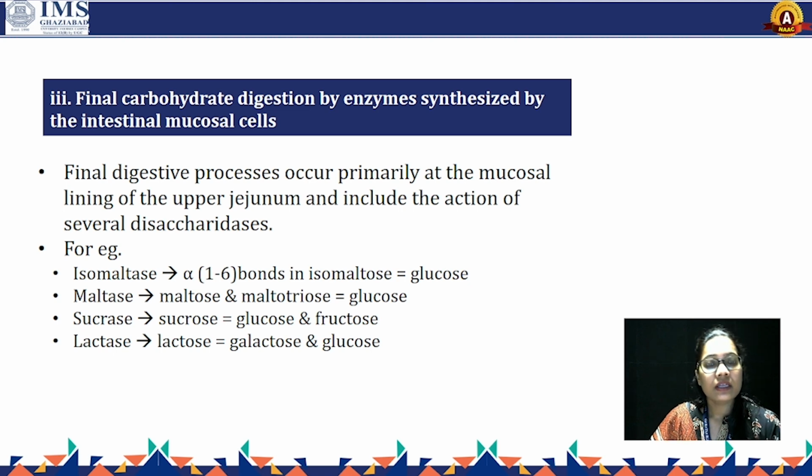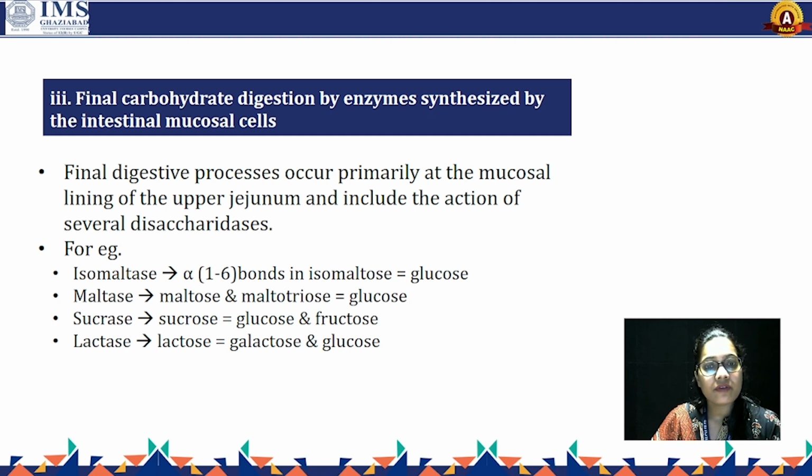Our intestinal cells have small villi, and a number of enzymes are present here. Different enzymes have different actions, and they perform hydrolyzing action, breaking the bonds of the disaccharide molecule and converting it into the simplest form.